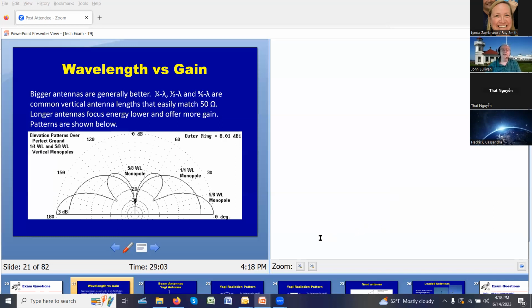And you can see here we've got different patterns. Your quarter wave looks like this, whereas with a 5/8 you get these two lobes and one of them is quite low. That would be really good if you had an antenna up high and you wanted to reach a lot of people on the ground around you, because it would be focusing the energy in that direction.